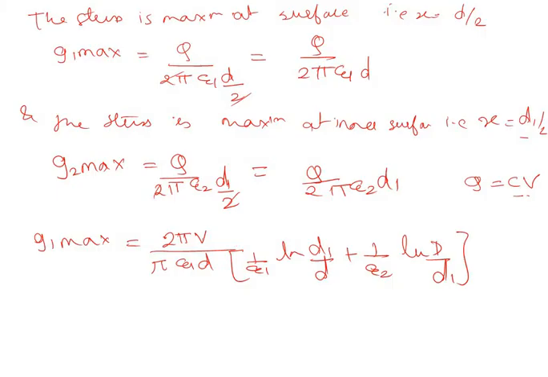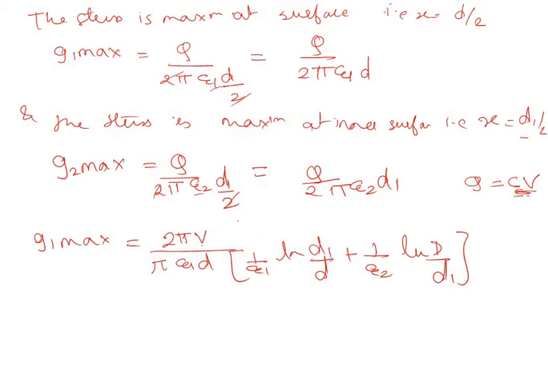Then the remaining part is epsilon 1 and d about G1.